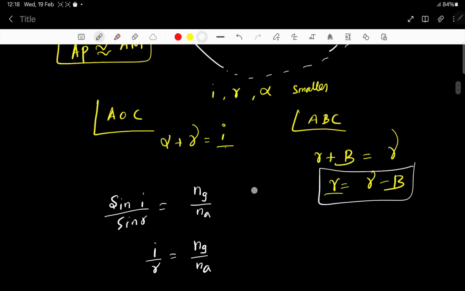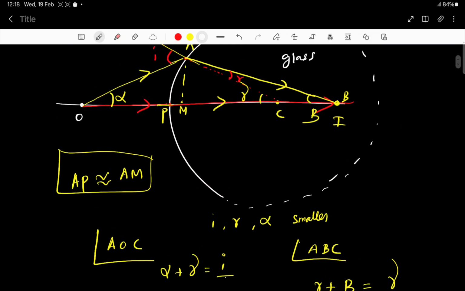Okay. And since the alpha, beta, gamma, I and R values are so small, sine of alpha can be approximately written as alpha itself or tan alpha itself.